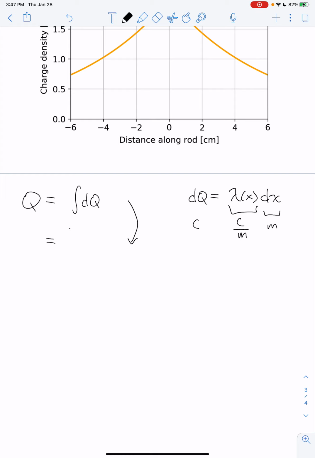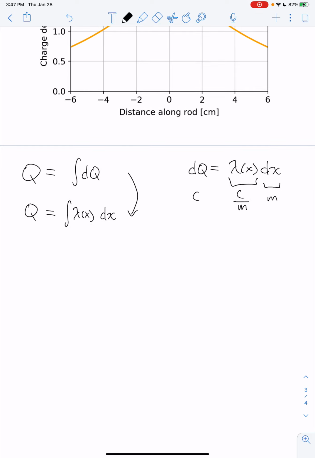Okay, so then an integration of lambda of x dx is going to give us our q. And we already know what our lambda of x function is, so q is equal to the integration of 2 nanocoulombs per centimeter times e to the negative absolute value of x over 6 centimeters. And I'm again omitting the 0.0 just because it makes it easier to write out here.